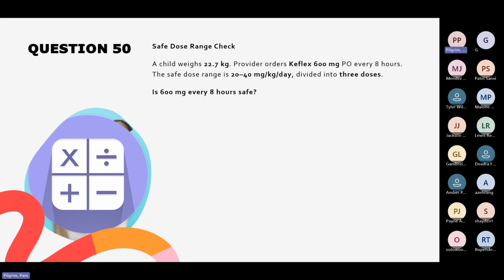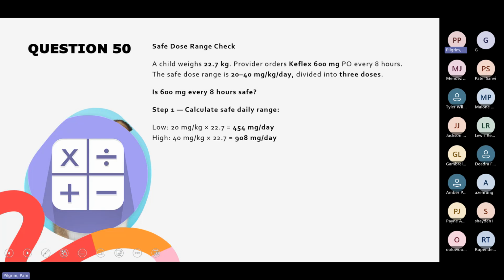All right, let's look at the answer here. So first, it's going to tell you how to calculate it. To calculate the safe daily range, first you take the 20 milligrams per kilogram times the kilograms, which is 22.7. So the low dose for the day is 454 milligrams per day.